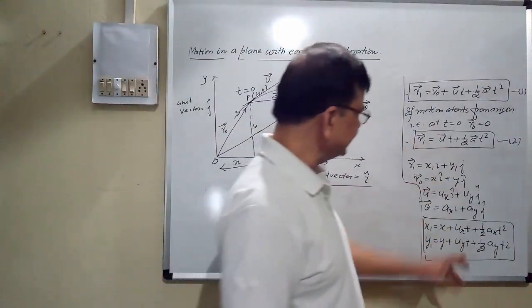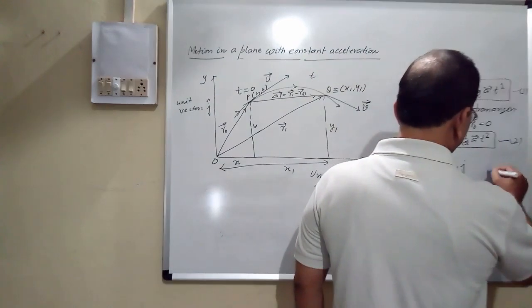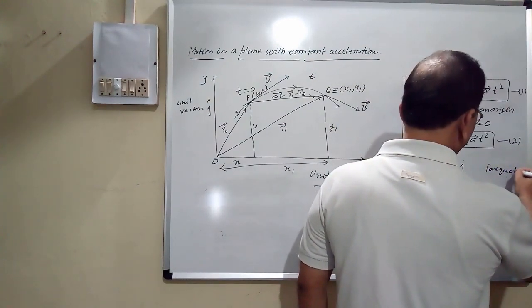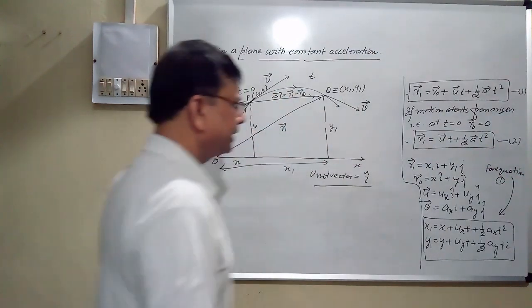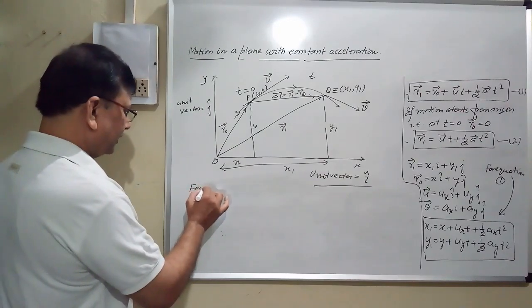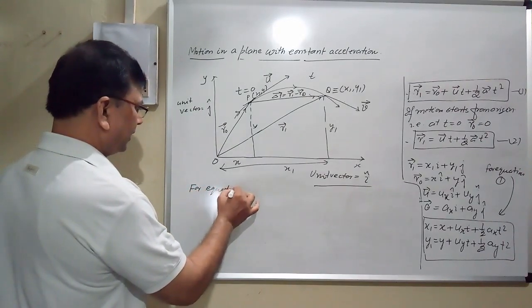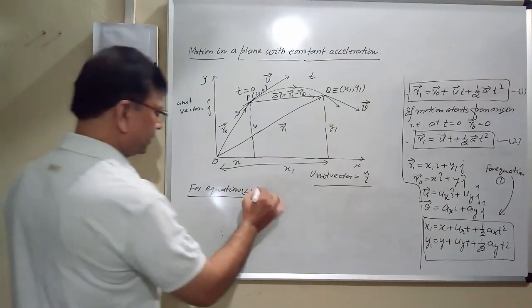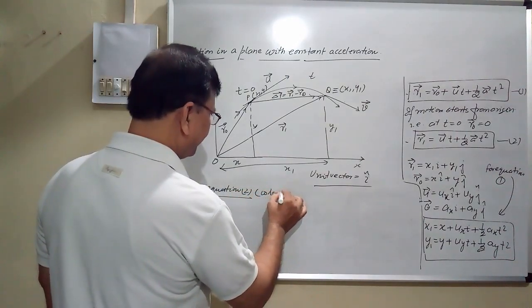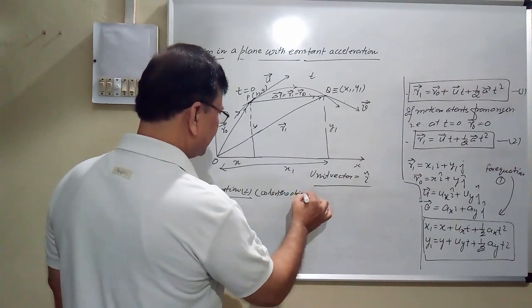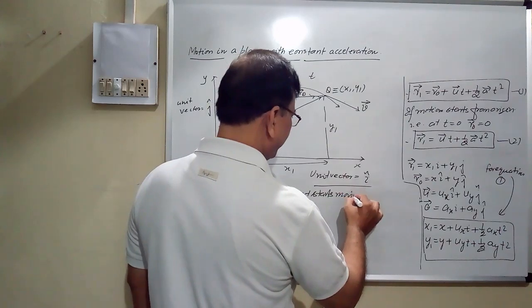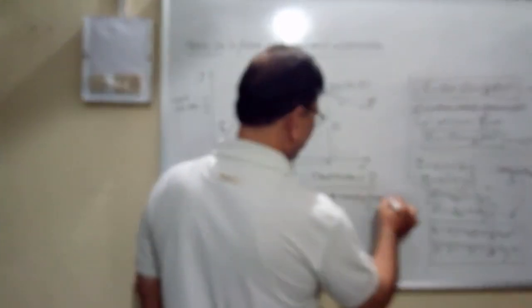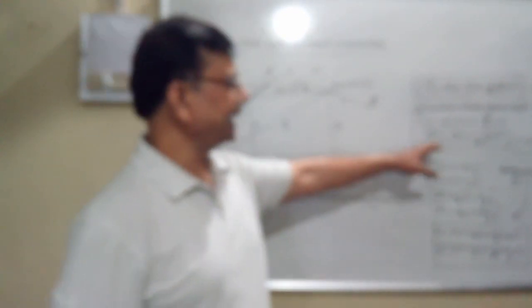See, here these things I have written. This is for equation 1. So this relation we will get. For equation 2, when the object starts moving from origin, in that case, this is the relation.